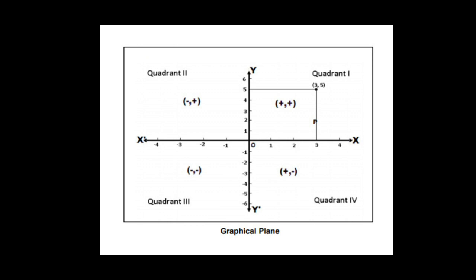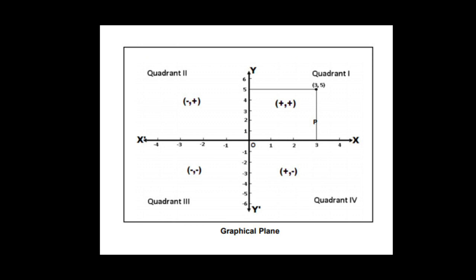As we can see here in the graphical plan, in quadrant first, both the values of x and y are positive. In quadrant second, y is positive but the values of x are negative. In quadrant third, both the values of x as well as y are negative.